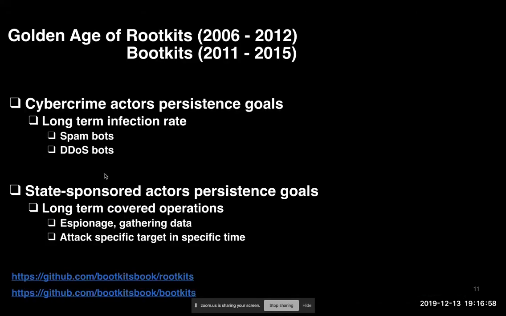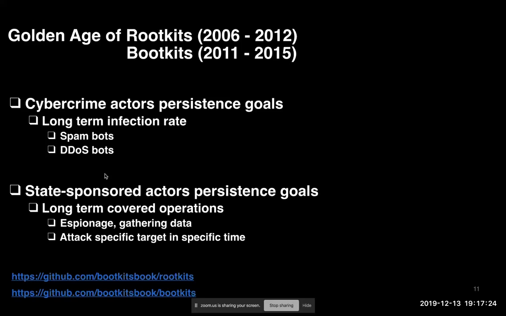If we talk about the golden age of rootkits, it happened a while ago. Most of the drivers of this persistence were cybercrime, when the actors tried to persist on the user machine as much as they could, because they needed to distribute spam or use the infected machine as a DDoS bot.